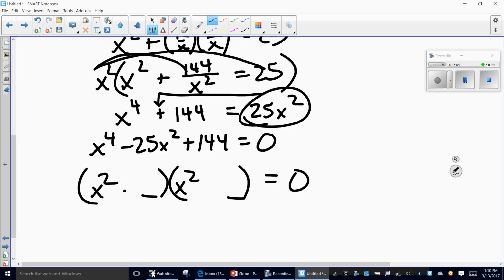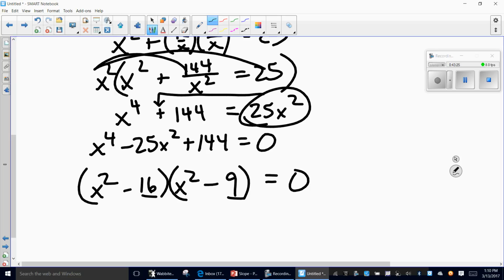I do agree. Negative 16 and negative 9. If you multiply a negative times a negative, you will get a positive 144. And when you add negative 16 and negative 9, you get negative 25. Okay? Now, you could factor this a little bit further into a difference of perfect squares. That would work. I did it differently from there.